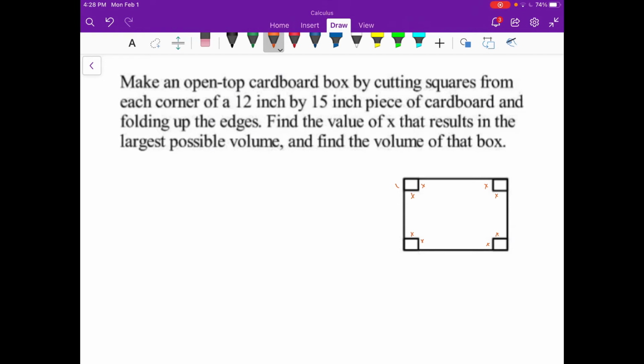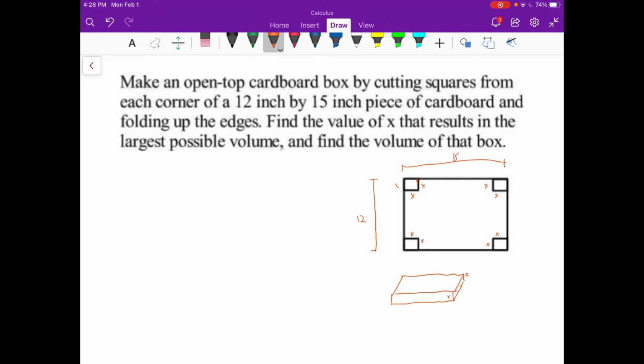And we've worked through problems like this before. The box is going to look something like this, where this height here is x. And so it says this is 12 inches. The whole thing is 12 by 15.